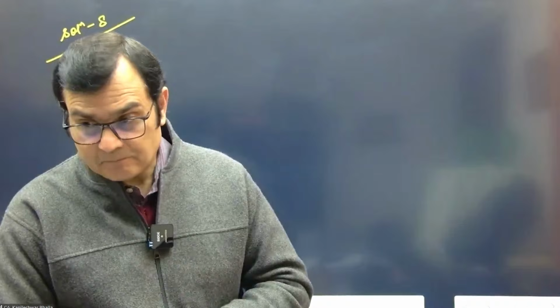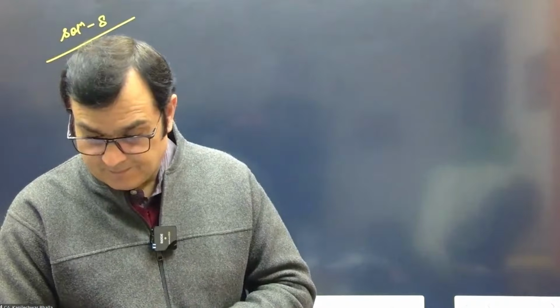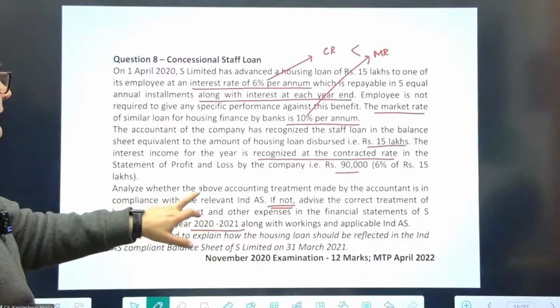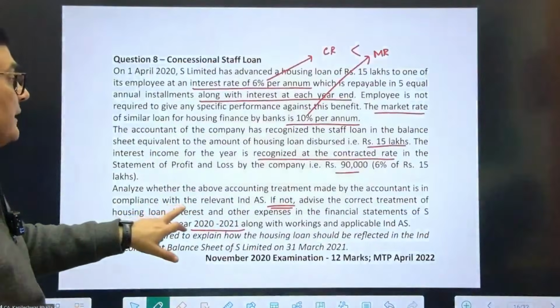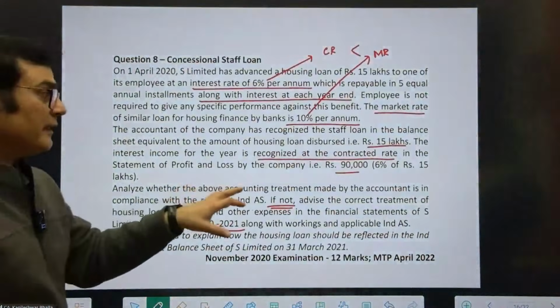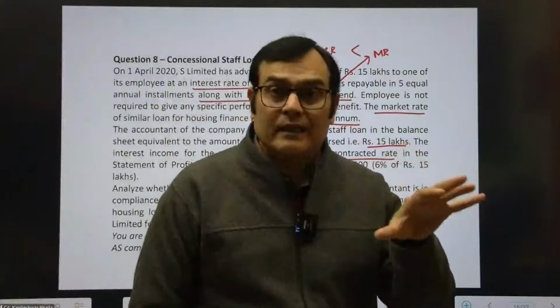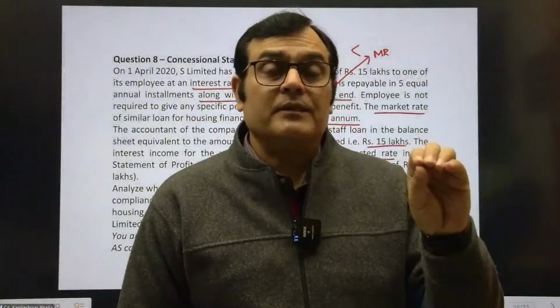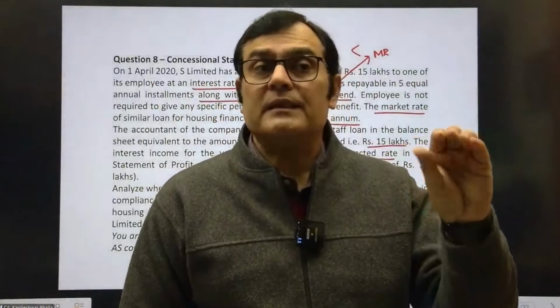But what I was asking, sir, is what is he specifically asking us to make in this question? Okay, let me come back to the requirements. So he says, analyze whether the accounting treatment is in compliance with Ind AS. First of all, you need to tell him in running language, not in terms of any ledgers or entries, that the accounting treatment is not in accordance with Ind AS.